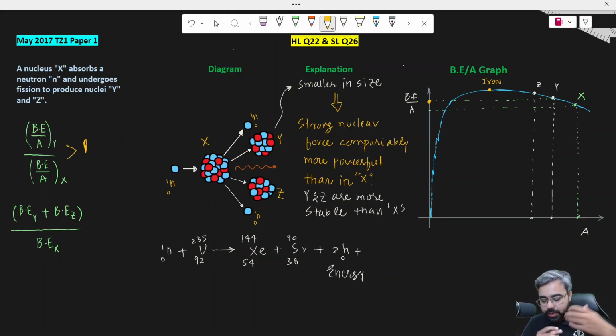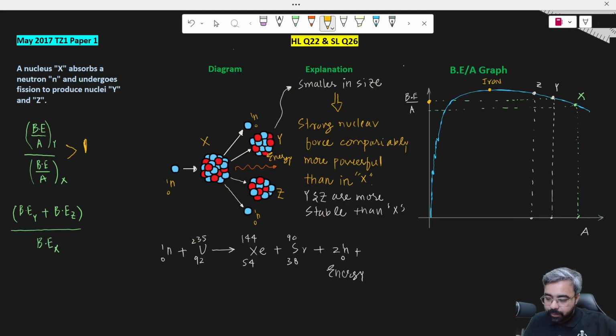Now let's come to the second part. We know that energy is released. How is that energy released? Whenever this nuclear fission reaction takes place, a certain amount of mass of X is lost, and that is converted into the equivalent amount of energy which is released during the reaction.